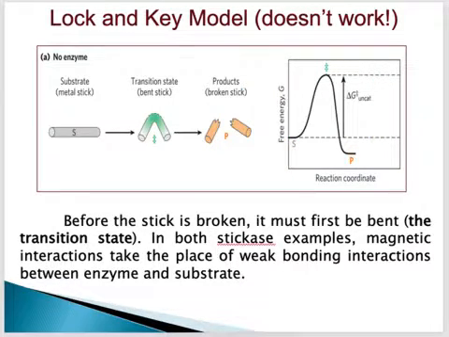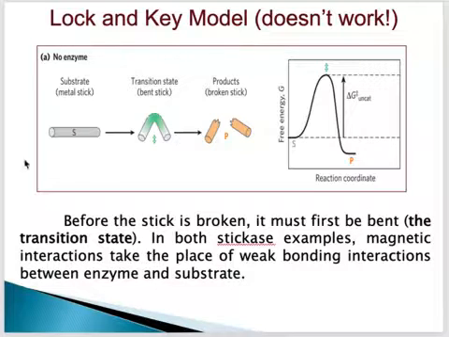If you look at this figure, suppose this is the reaction. The original substrate is a stick, and if it breaks down, the products are formed. So for the formation of the products, this stick needs to be bent. If it is bent far enough, it will break down.